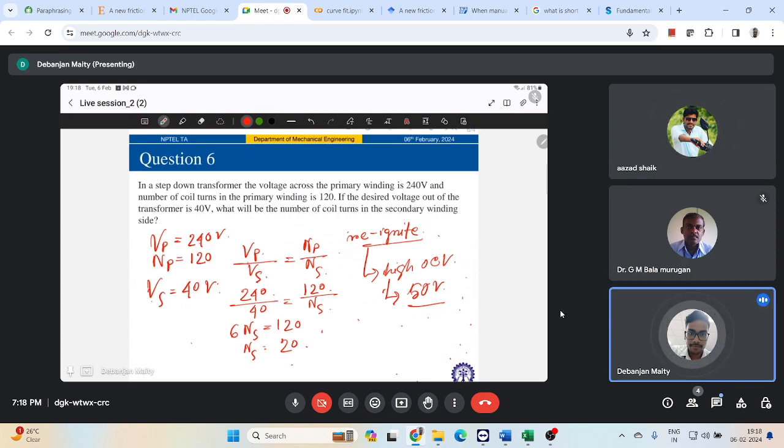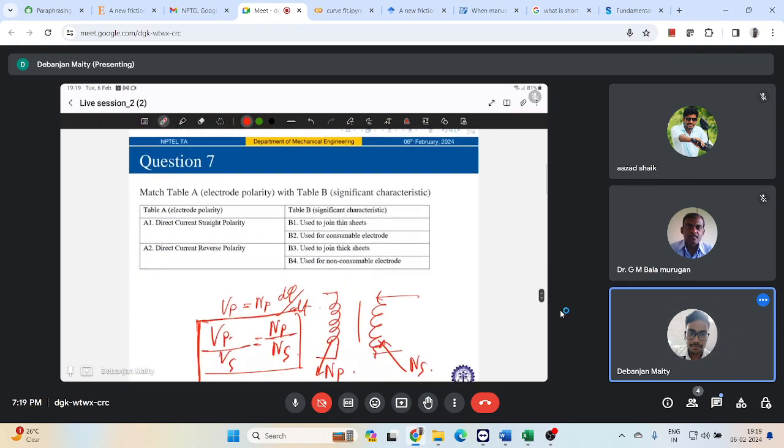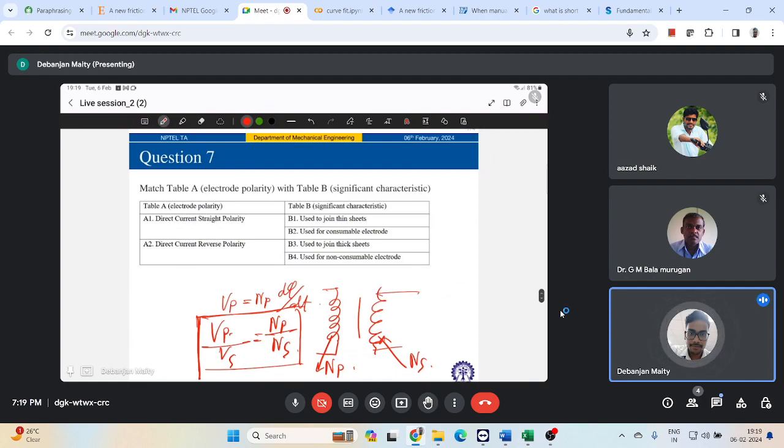So my secondary winding coil side will have 20 coil turns, right? Those are very simple. Then I have some questions on DCEP and DCEN, direct current electrode positive and direct current electrode negative polarity.